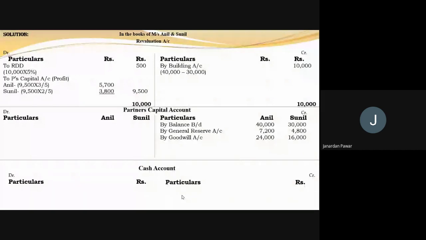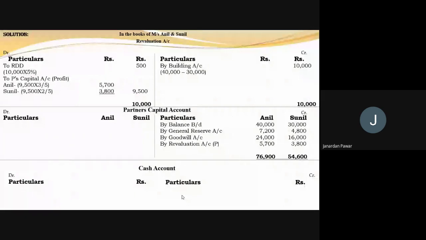Then this profit on revaluation account that we have to transfer to the partners capital account, you can see at credit side of the partners capital account by revaluation account, in brackets profit, rupees 5,700 for Anil and 3,800 for Sunil. Okay. Then the next point, we have to take the total here of the partners capital account, because there were no other adjustments.